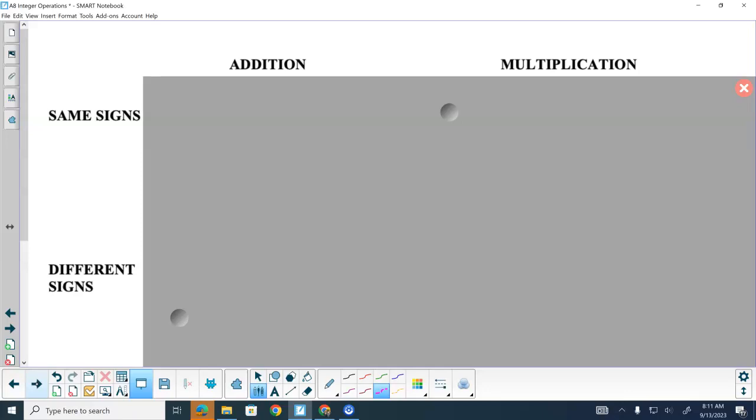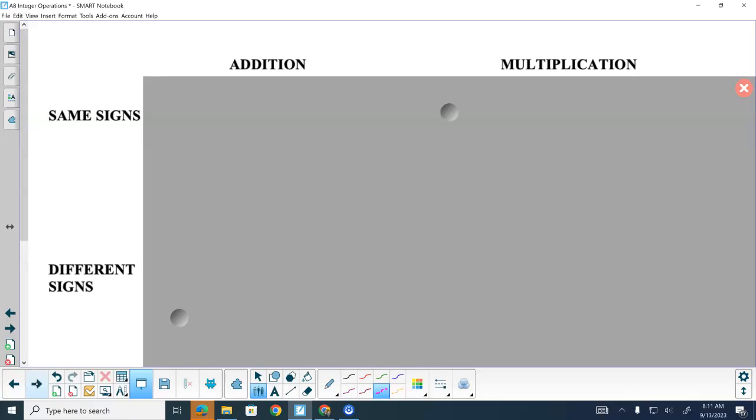And we're cyclically learning here now. Same sign with addition. What do we do with the digits? We add them together. What about the sign? Keeps the sign. Okay, yep. So when I move this down, it's going to say same sign: add the digits, keep the sign.